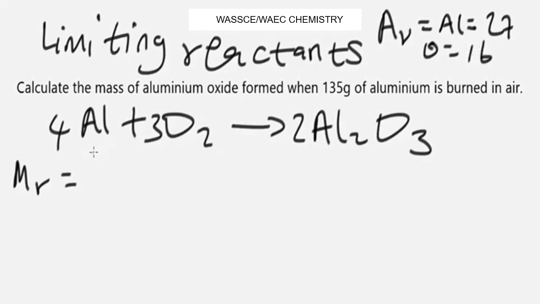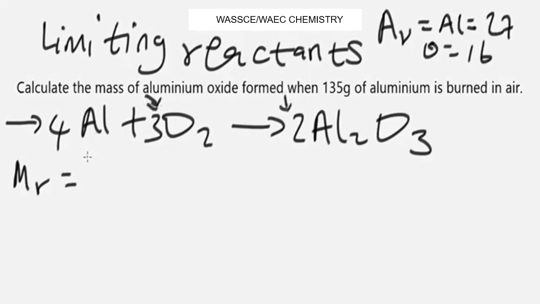Now note that when you're dealing with limiting reactants, you don't include the mole number where you want to calculate the relative formula mass. I don't include this mole number here, this mole number here.